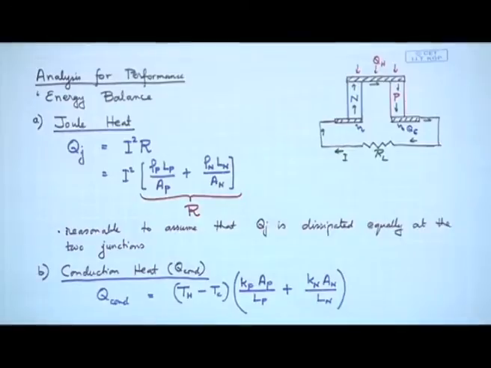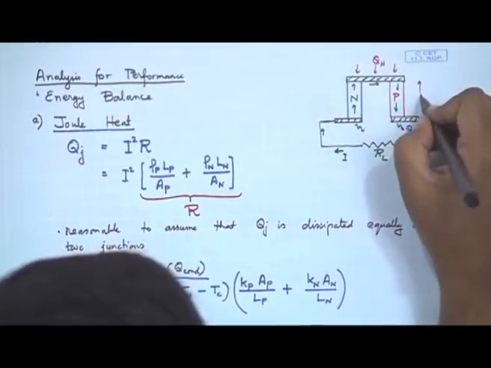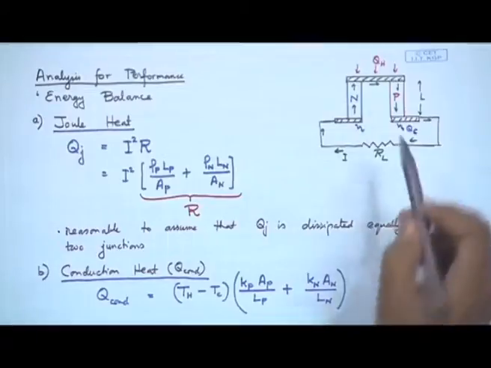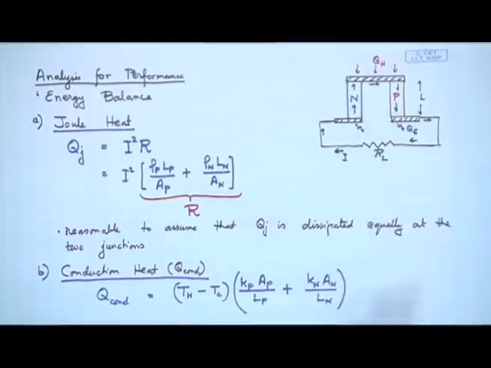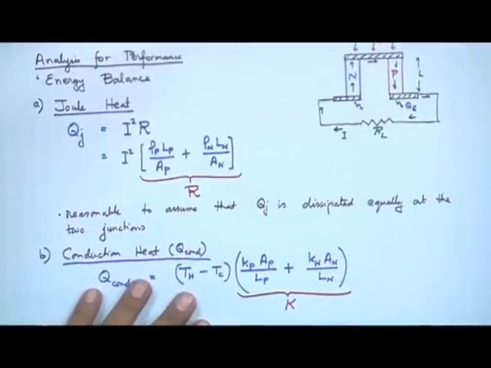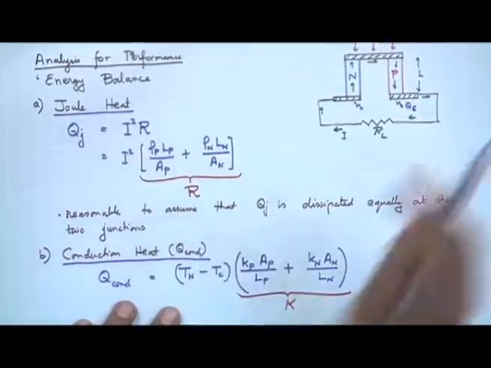From our basic knowledge of conduction heat transfer, we know that Q is delta T times K times the cross sectional area divided by the thickness across which the heat is conducted, in this case the length. So, again let me quickly write down that this is the length L. For N and P it will accordingly be the length of N and the length of P. Sometimes later we may refer to this as K. Clear?